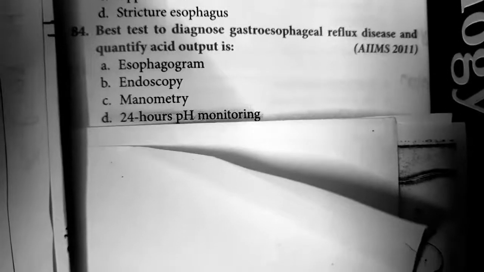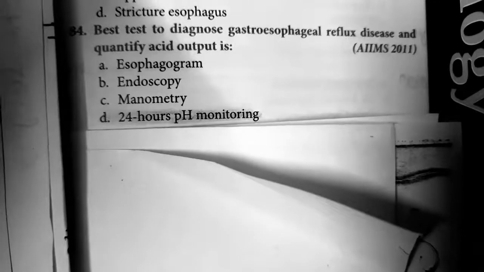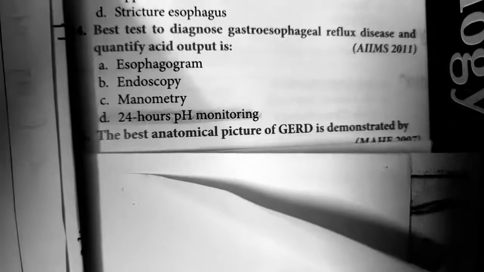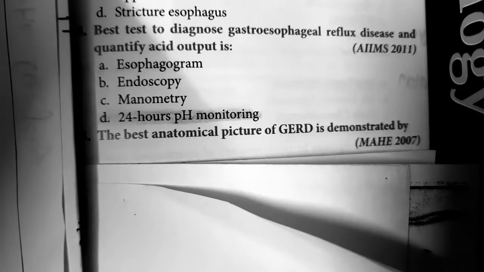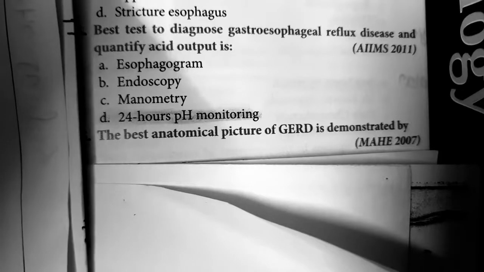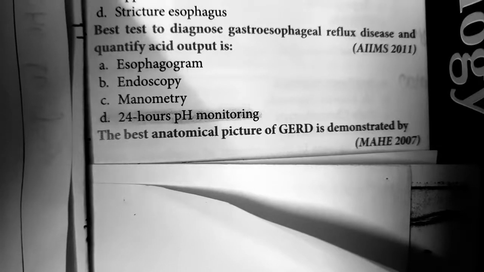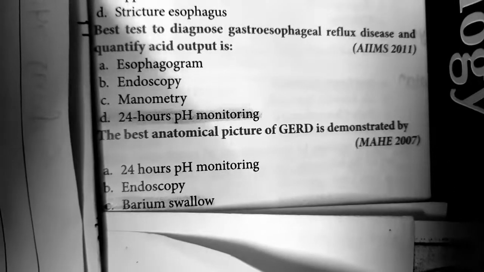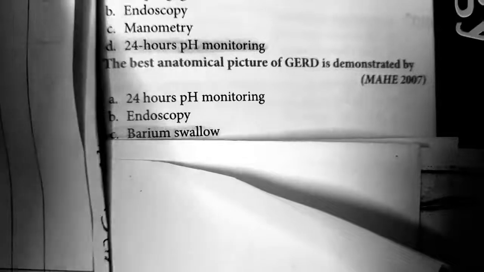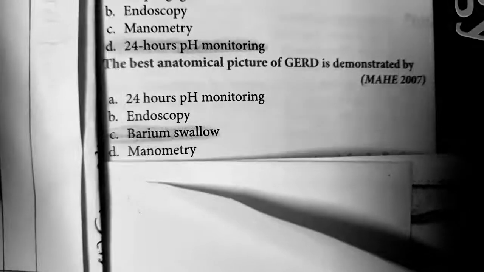So based on 24-hour pH monitoring, we can quantify the acid output. The best anatomical test of GERD, that is the anatomical picture: with 24-hour pH monitoring we cannot find out the anatomy. For the anatomical picture of gastroesophageal reflux disease, we should do a barium swallow.